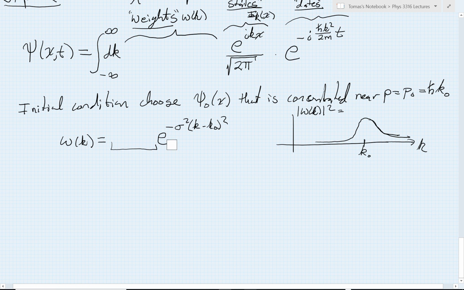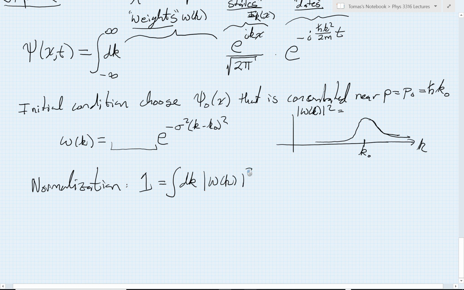Now, the one condition we have to be careful of, of course, is that when we choose our weights, we want this nice shape, but we also want to make sure we choose a properly normalized wave function. So for normalization, 1 had better equal the integral over all k of the probability for any of those different values, which is my weights squared.